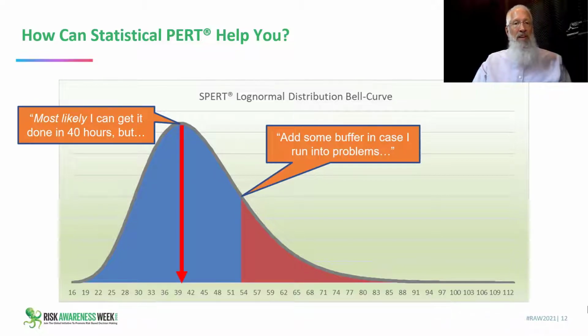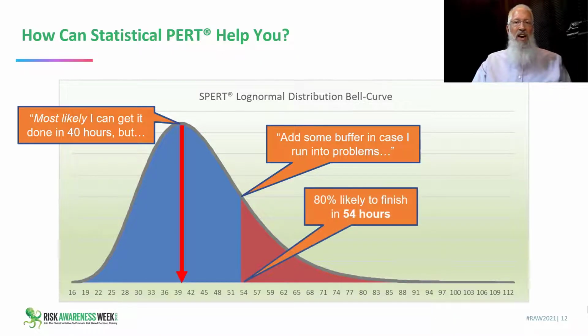If the log normal distribution is a better representation of the task uncertainty that you sense, then in this case, I would put 54 hours into the project schedule. 54 hours means that you are 80% likely to get the task done in 54 hours or less. There's only a 20% chance that it could take you longer than 54 hours.